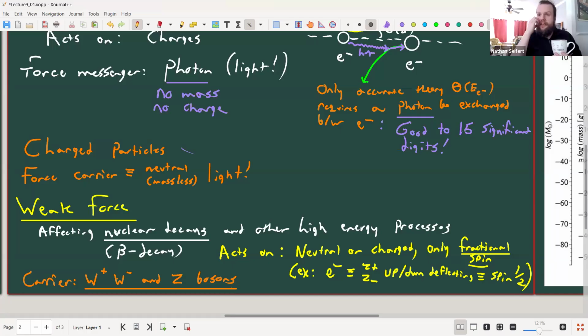And the way you can think about this a little bit is that the weak force, we say it's weak because it's not a very strong force. And so in order to generate something that is modulated by a very weak force, you actually need to be at really high energy.